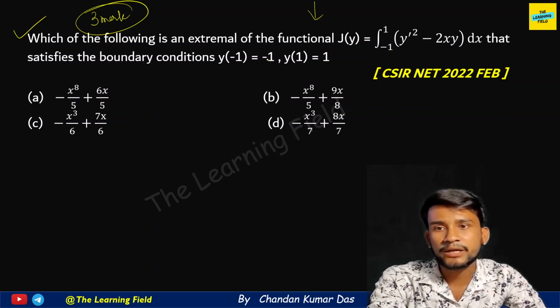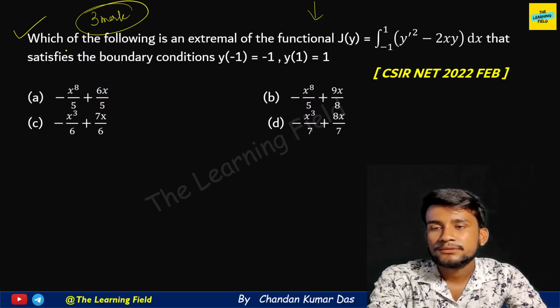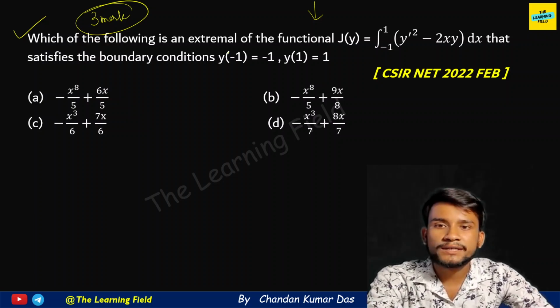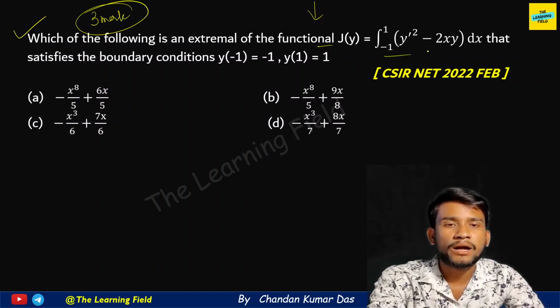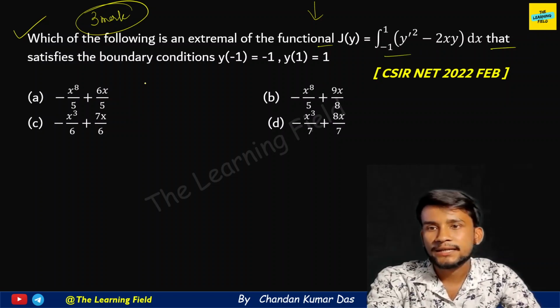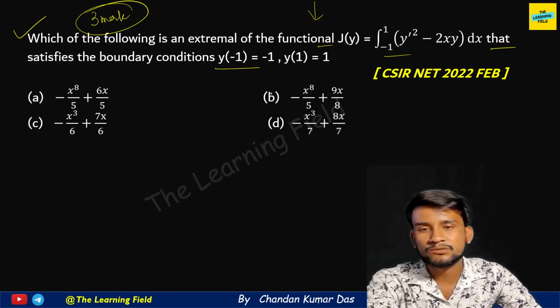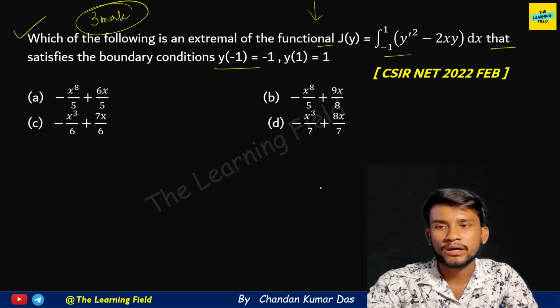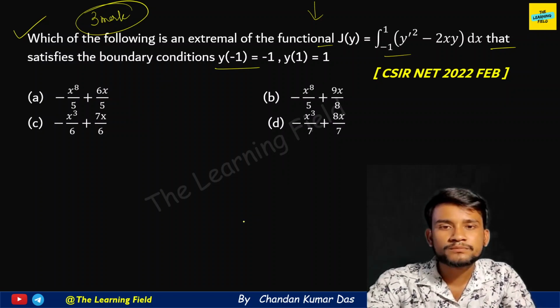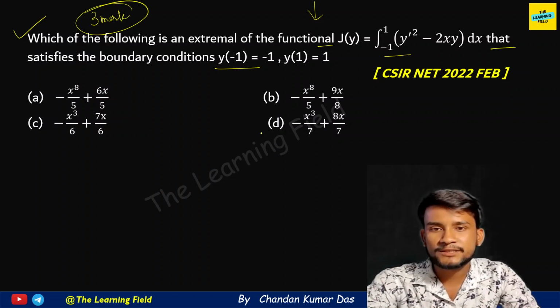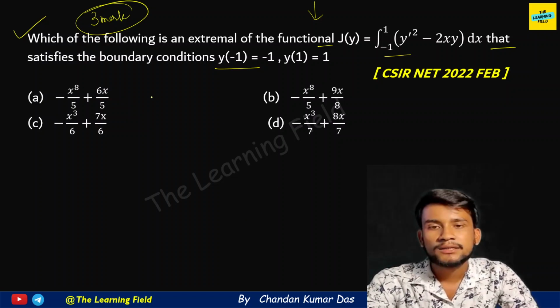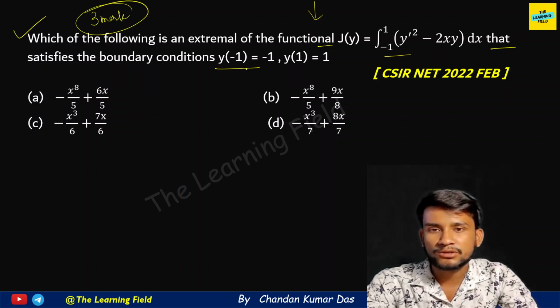It says: which of the following is an extremal of the functional J(y) equal to the integral from -1 to 1 of (y' squared minus 2xy) dx that satisfies the boundary conditions y(-1) equal to -1 and y(1) equal to 1. Here 4 options are given. We first see whether these 4 extremals satisfy the boundary condition or not.